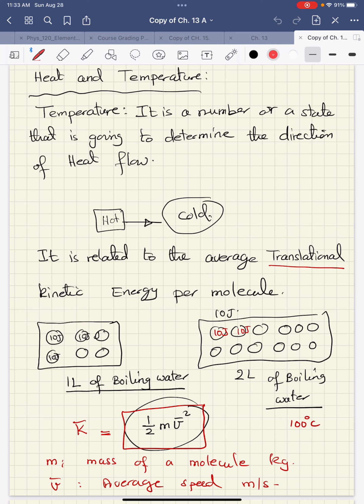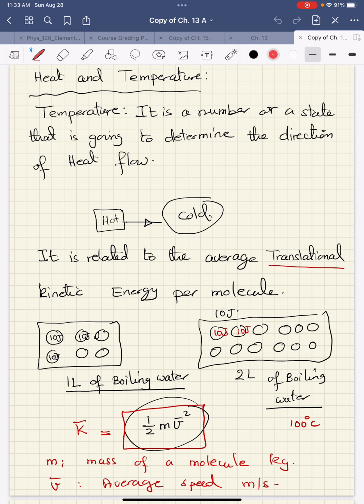Now, of course, since I said heat and temperature, this means that these are really two different quantities. Let's define temperature first.